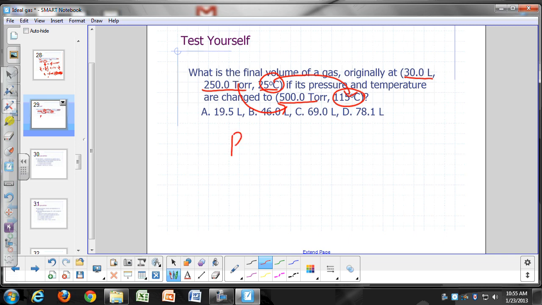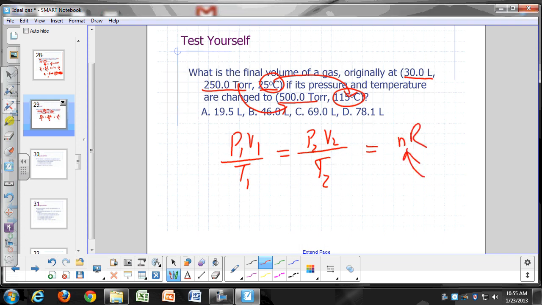Combined gas law. So you can say P1 V1 over T1 equals P2 V2 over T2. In fact, both of those are equal to nR, right? So you could actually solve for n. You have enough information to solve for n if you want to do it that way. You solve for n and then you plug it back into the other equation.